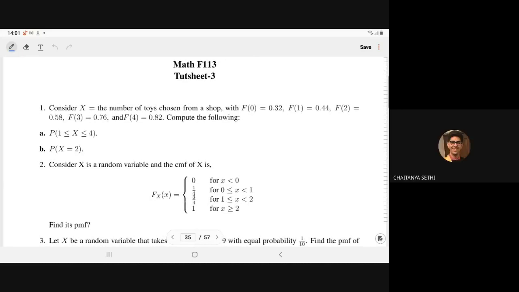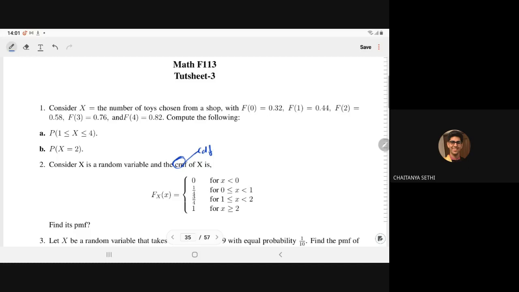Yes, sir. So last time, I think I did question number 1. Now, question number 2: consider x a random variable and its CMF. CMF is not a term, it is a misprint. It should be the CDF, cumulative distribution function of x.